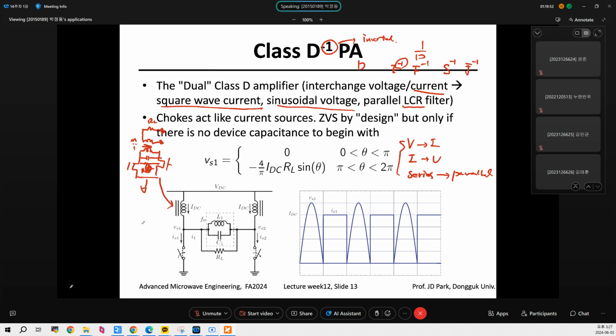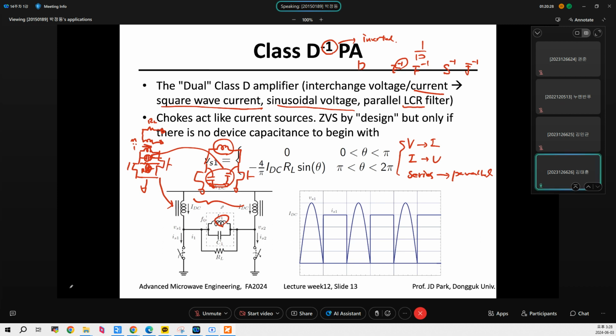So this is exactly this. It's very nice. Why? Because this capacitance is naturally here. You have a drain source capacitor, the two drain source capacitors in common, which is this. You have a transformer over here, which is this. So everything is all set, very good to make a class inverted D amplifier.